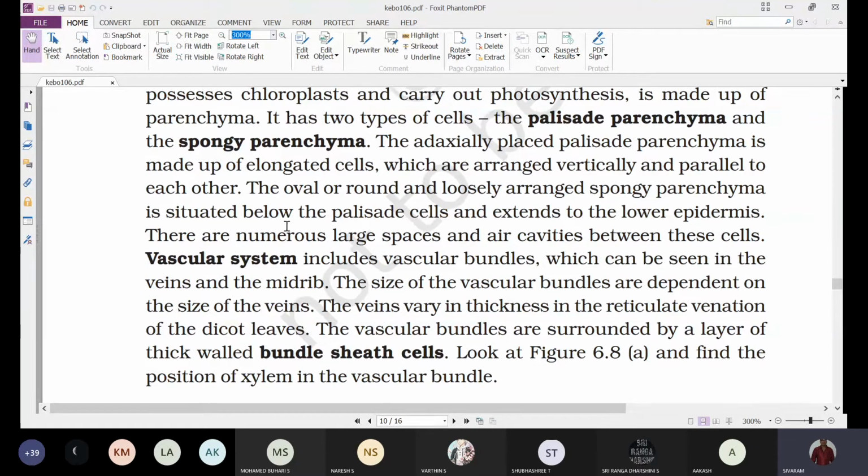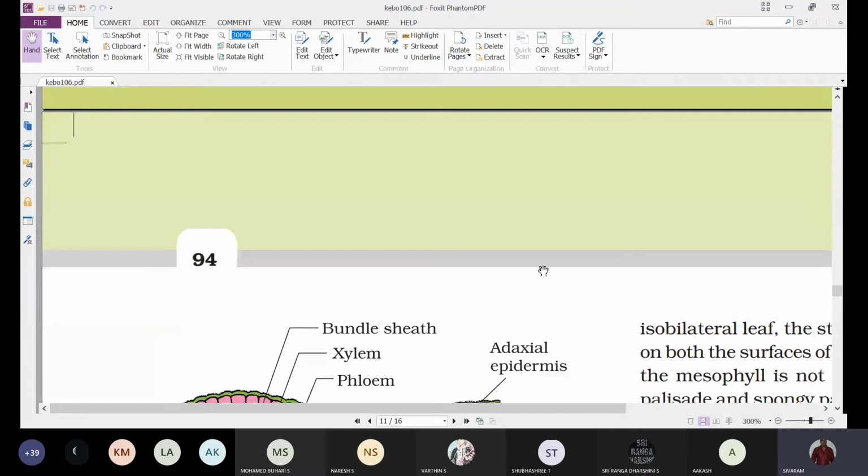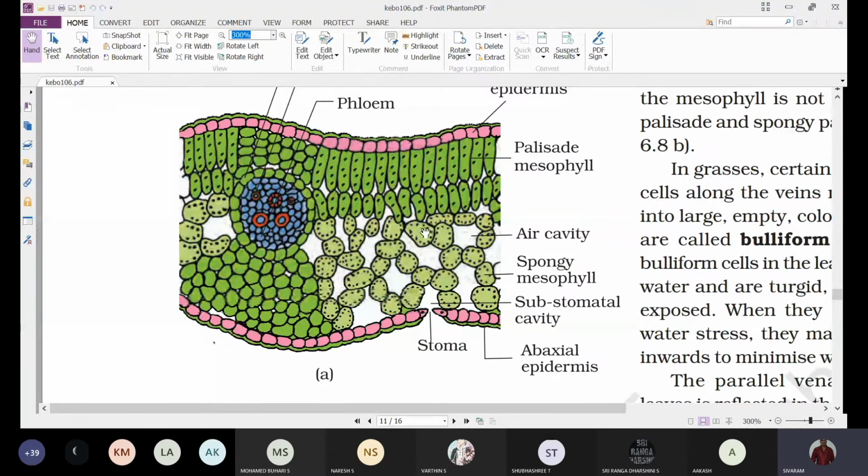The spongy parenchyma is situated below the palisade cells and extends to the lower epidermis. That means they are present below the palisade parenchyma and extend up to the lower epidermis. That is what we can see here. This is the palisade parenchyma and this is the spongy parenchyma.